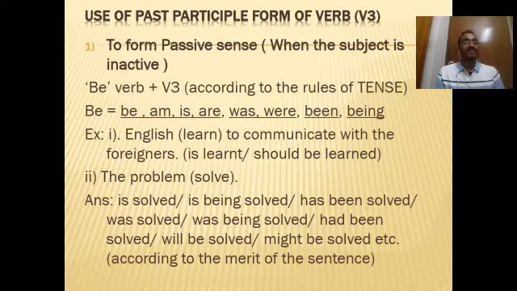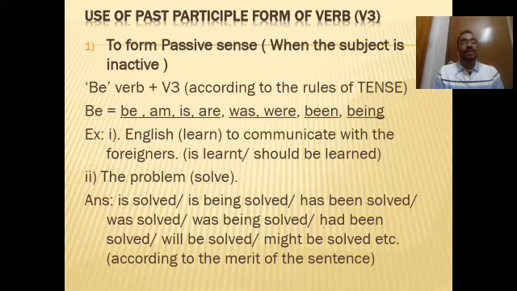If we find the subject inactive, in that case, what do we do? We bring one be verb to help the verb, and whenever we use the be verb in a passive sentence, we use the past participle form of the verb.